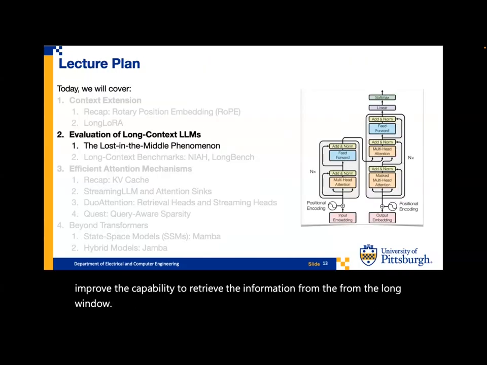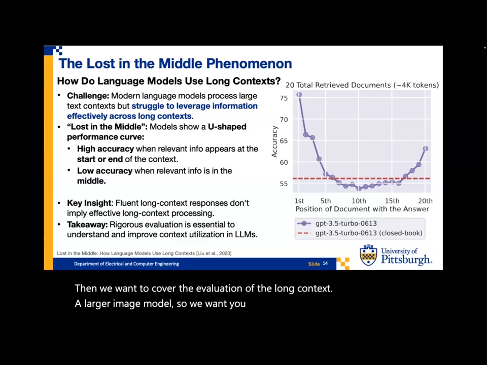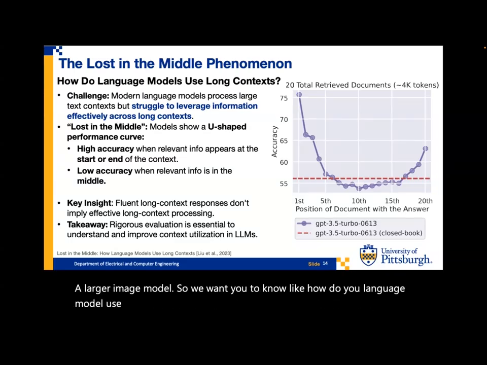Okay, so then we want to cover the evaluation of long context large language models. We want to know how language models use the context. There's a very interesting phenomenon called lost in the middle.